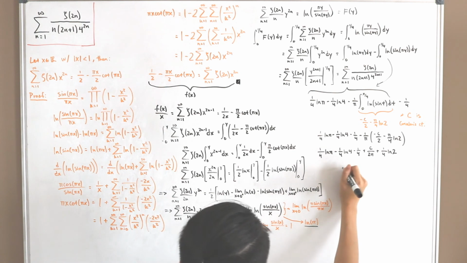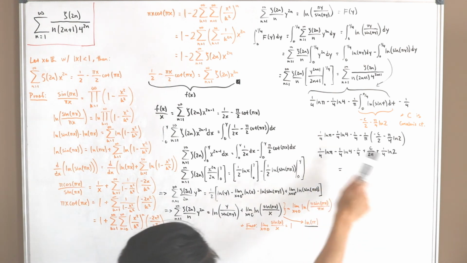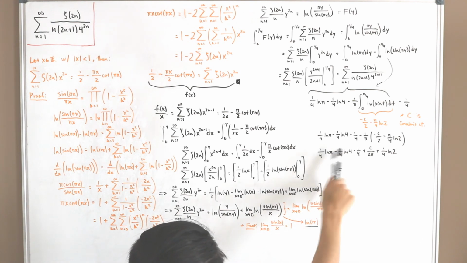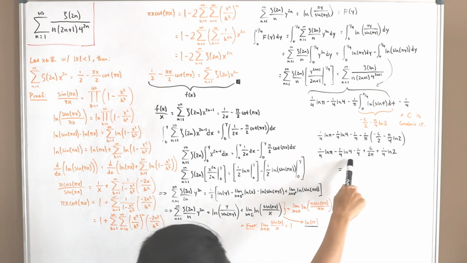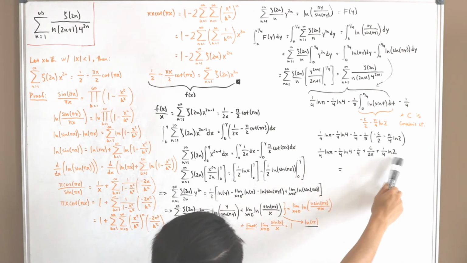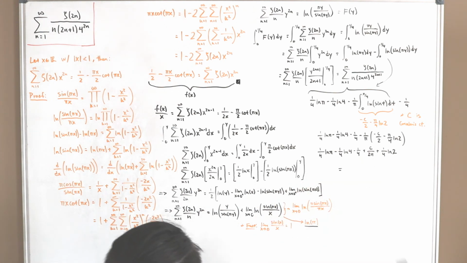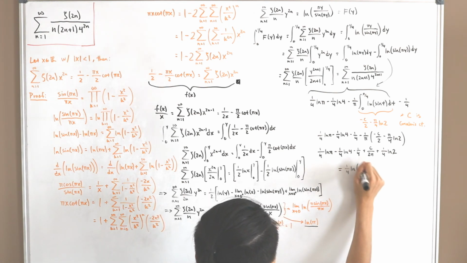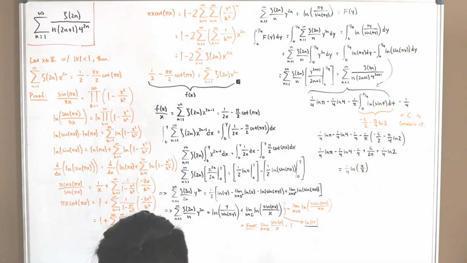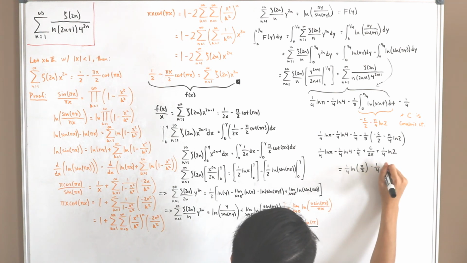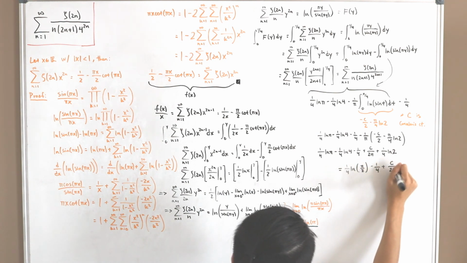Now if we simplify some stuff out, we have a ln of pi and then an ln of 2 over here, and of course an ln of 4, so that means ln of 4 divided by 4, so we have ln of pi over 4, and then we have a plus ln of 2, so this will be 2 pi divided by 4, and that will reduce down to pi over 2. So we have 1 over 4 ln of pi over 2, okay? And we're just left with, of course, minus 1 over 4, and then plus Catalan's number divided by 2 pi.